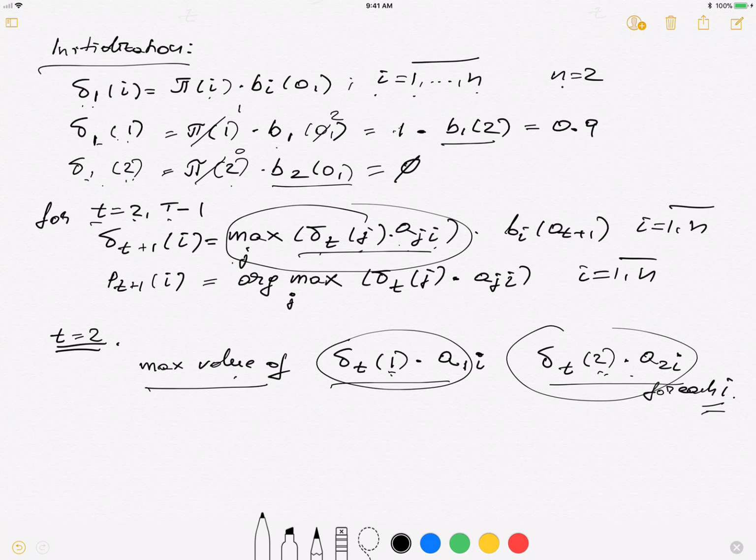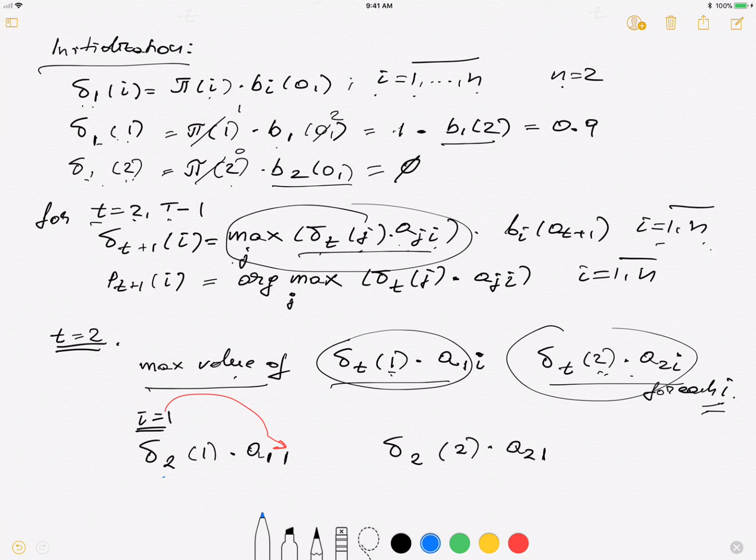Say t is equal to, when i is equal 1, remember I need to calculate this max value for i1 and i2 because we have only two states. So when i is equal 1, I need to compare delta t1 times a11. Observe, the second index corresponds to i. I need to compare this and delta t2 times a21.